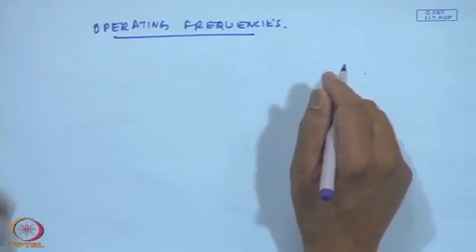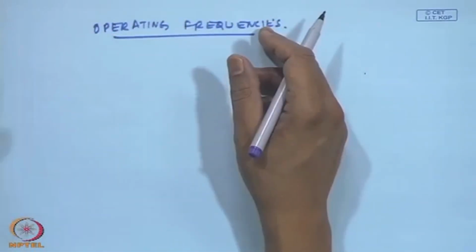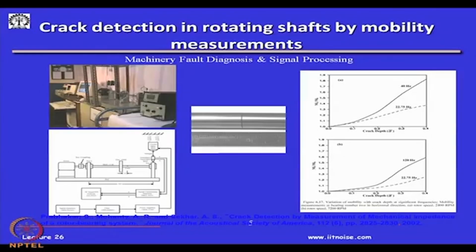This is out of our research which we did about 10 years ago, just measuring the mechanical mobility of a system to monitor cracks occurring in it. You can get a reference to this paper at my website.